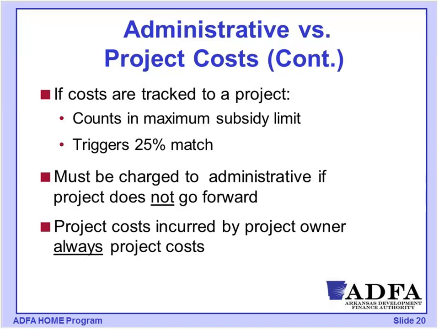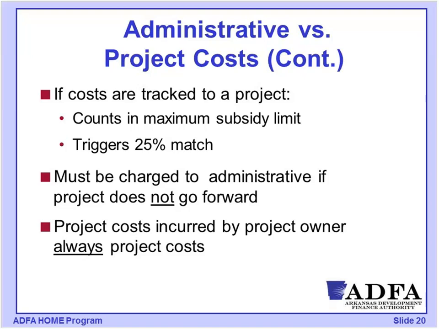There's a 25% match requirement, and that's for our project funds. So as we charge off some of these administrative implementation costs to our project, it's going to raise the project cost, and so it will raise the amount of match that's going to be required. So something to keep in mind as you're moving forward.